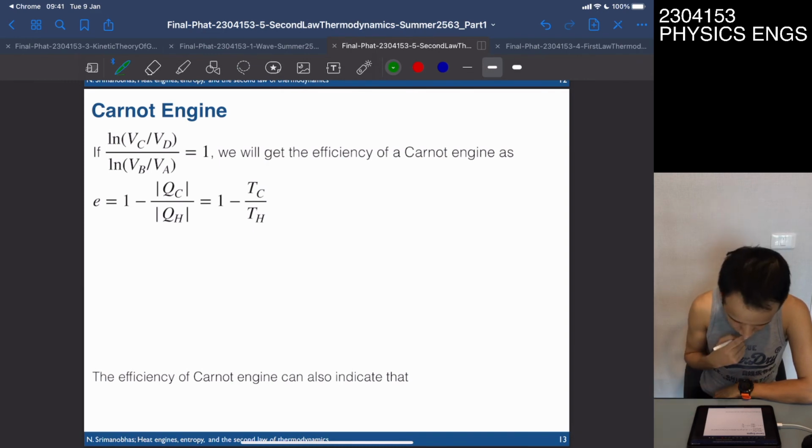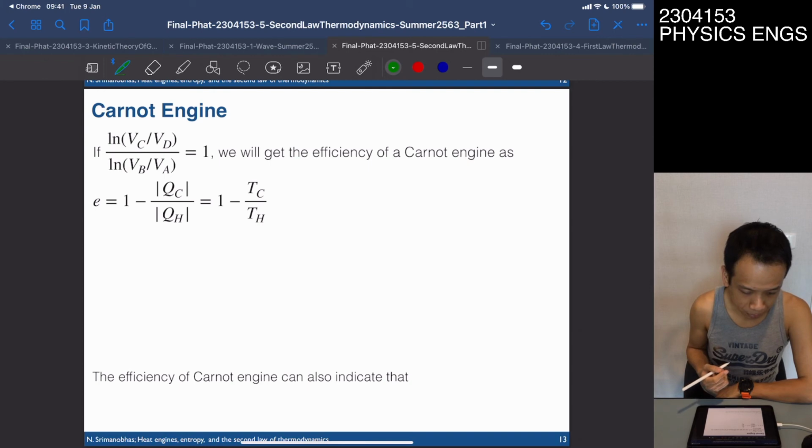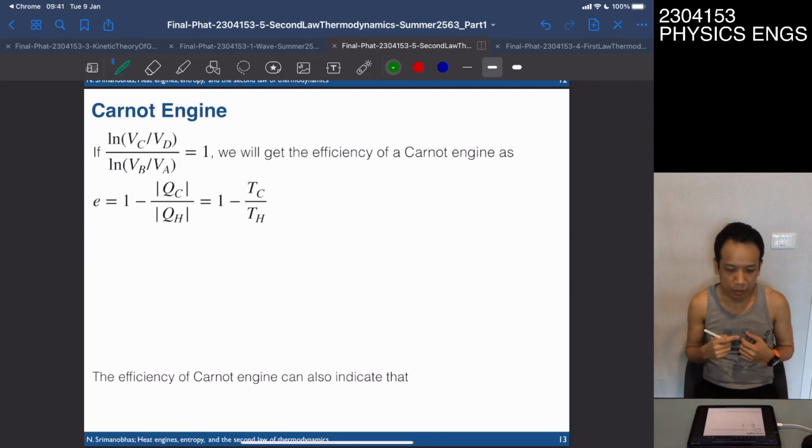So if you have Carnot engines, the efficiency depends on the hot and cold reservoir. If you have hot and cold reservoirs with the same temperatures, you get the same efficiency for all Carnot engines.